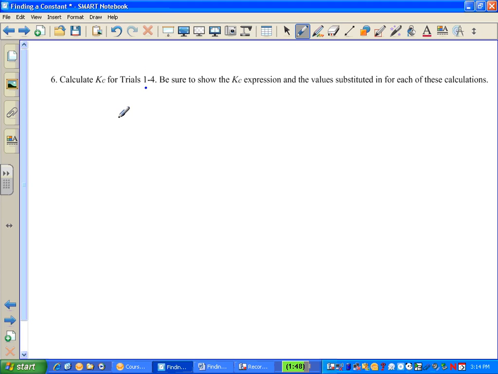You've got your equilibrium expression from question 1 in the analysis, and you've got the ICE chart that has equilibrium concentrations for each of the substances. So what you need to do at this stage is substitute those values into the equilibrium expression and solve. You can set yourself up a little chart if you'd like, recording the Kc values for each of the trials.